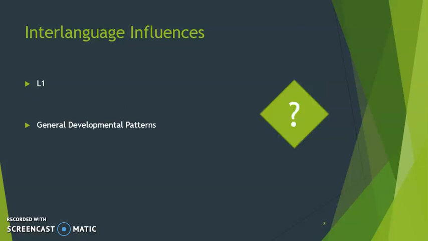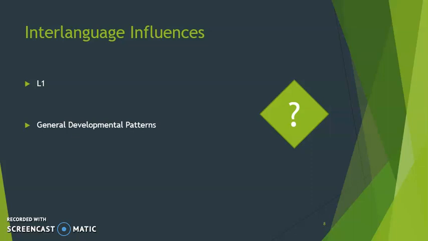So how would we know if it's an L1 influence or a general developmental pattern? Well, first would be to look at the L1 and the L2. Is the structure not in the L1, or is it very different in the L1 and therefore it might be difficult in the L2?